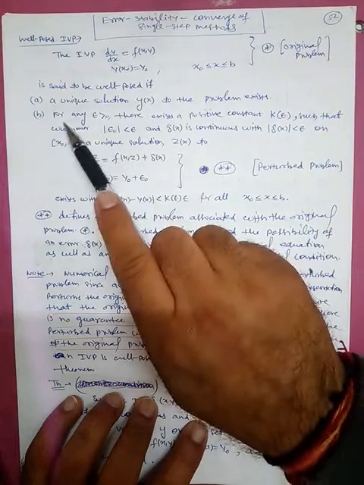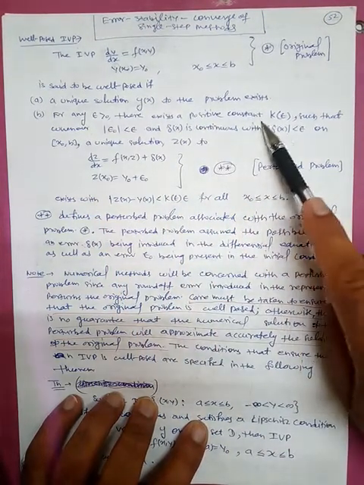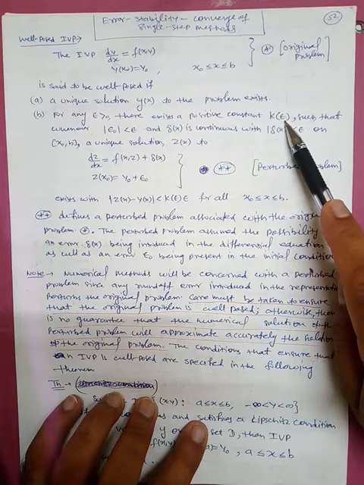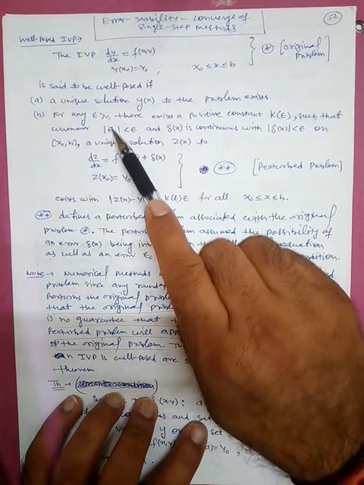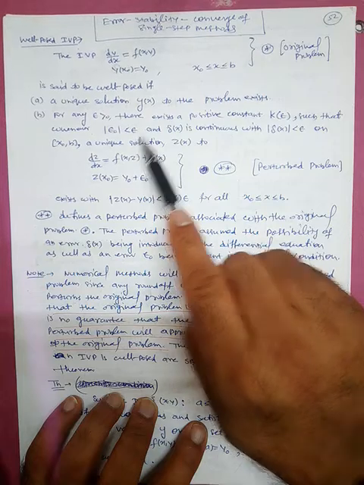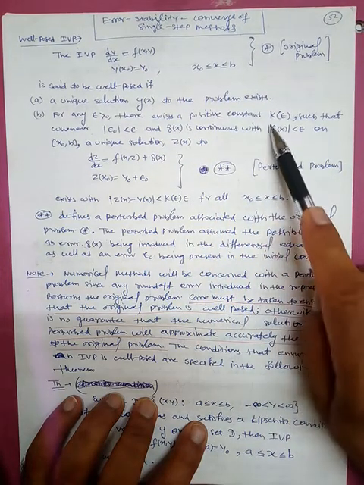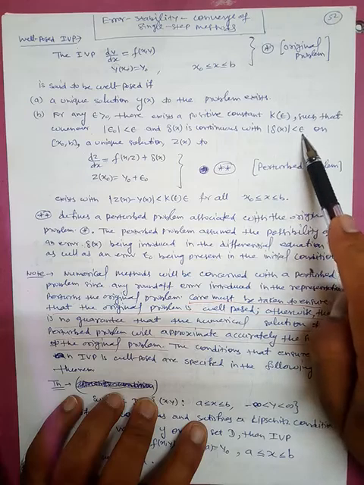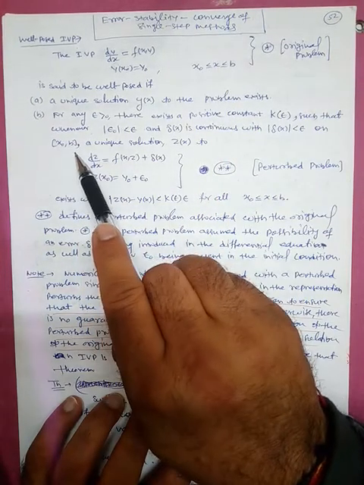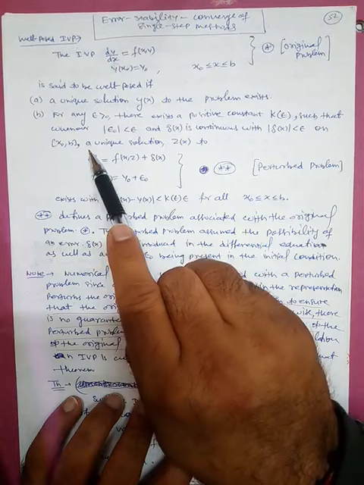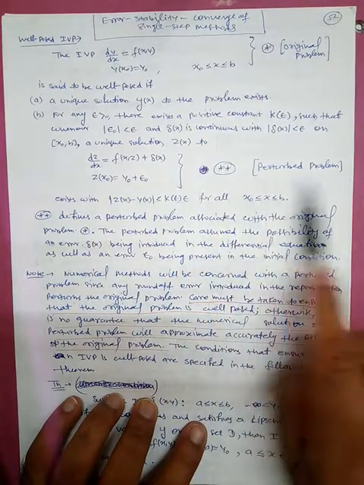Second condition, for any epsilon greater than 0, there exists a positive constant k depending on epsilon such that whenever the magnitude of epsilon naught is less than epsilon, and delta(x) is continuous with the condition that the magnitude of delta(x) is less than epsilon on this closed interval x naught to b, then a unique solution z(x) to the perturbed problem exists.